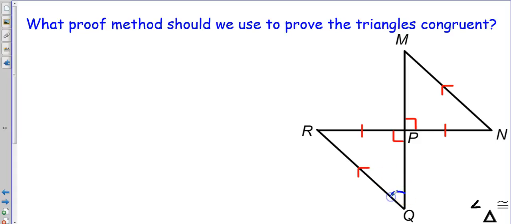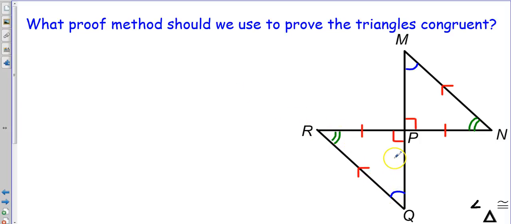So this angle right here is going to be alternate interior with this angle right here. In other words, angle Q is congruent to angle M. I've also got this other set of angles. Angle R is congruent to angle N. And that's by that same reasoning. That's alternate interior.